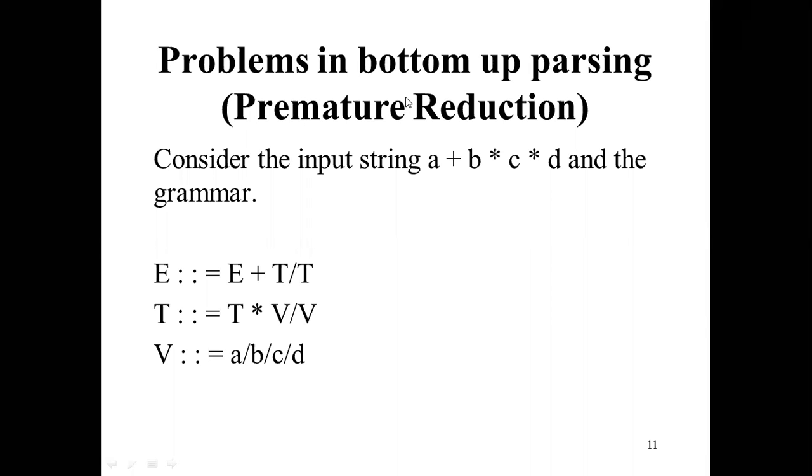Here the given input string is A plus B star C star D. If we proceed by using the given grammar, then ultimately we are unable to get the output, meaning we are unable to get the expression as per the given input string. Then this is called the premature reduction.